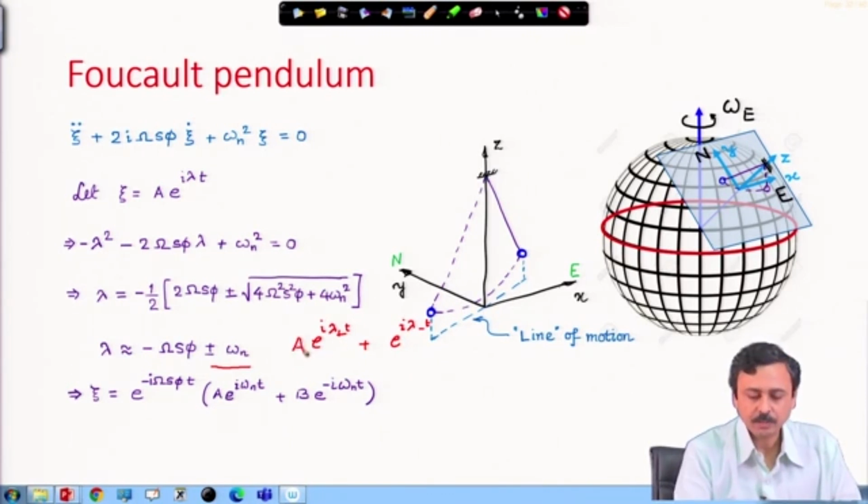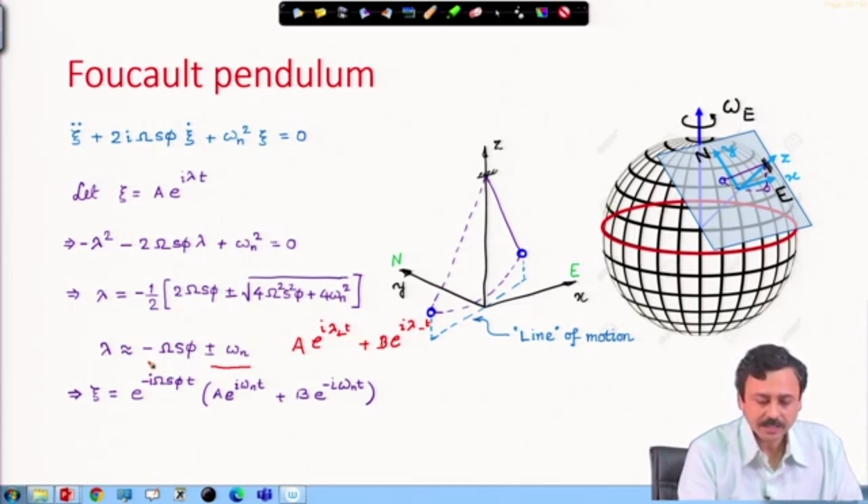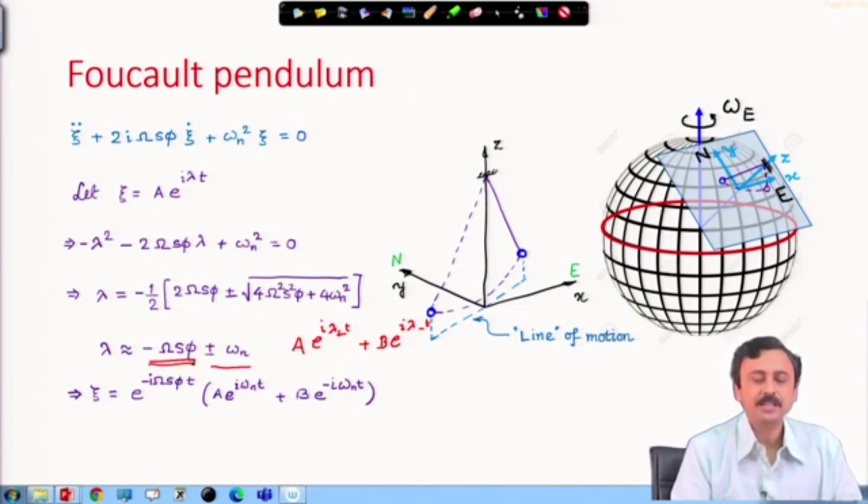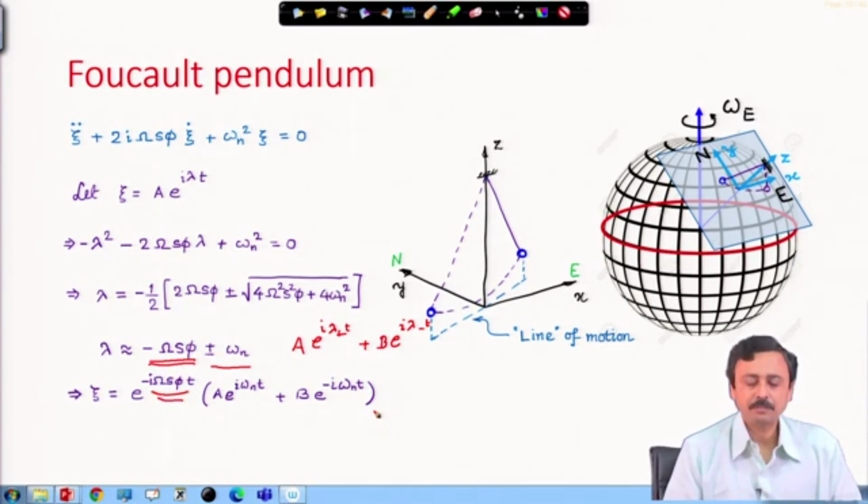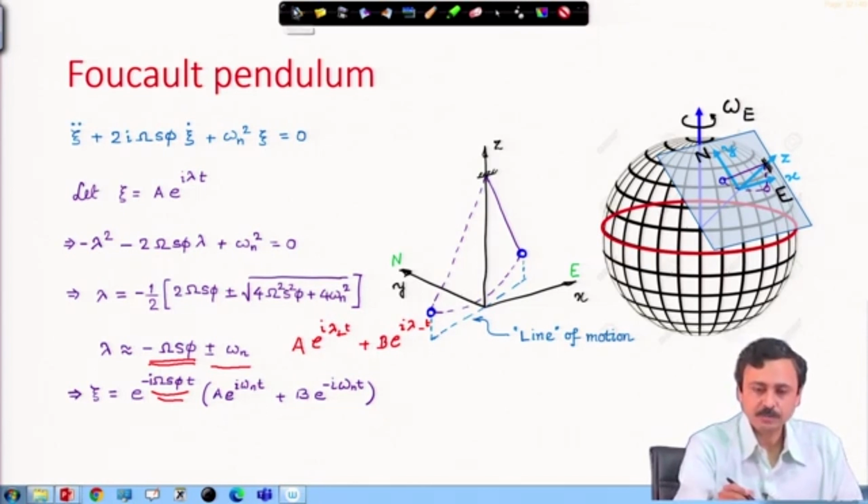So, a general superposition of these two solutions is a solution, and in lambda plus and lambda minus, this part is common, minus omega sin phi. So, that comes out as common and the rest goes in the brackets. So, that is the superposition.